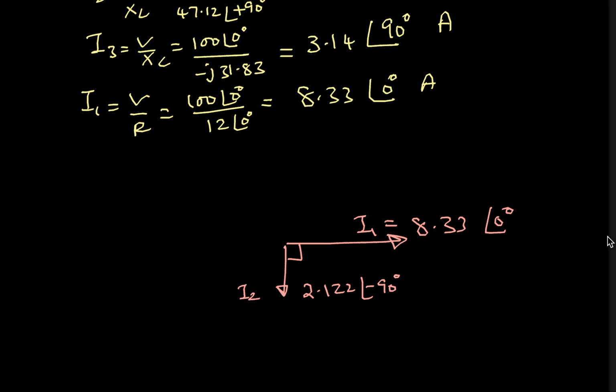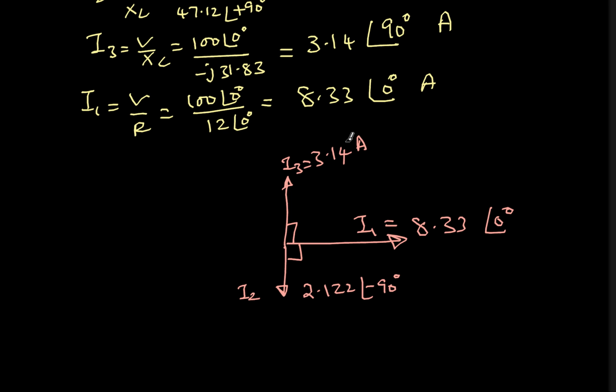This is I2. Now I3 is pointing upwards. This is slightly taller in length. So this is I3, 3.14, angle is plus 90 degrees.